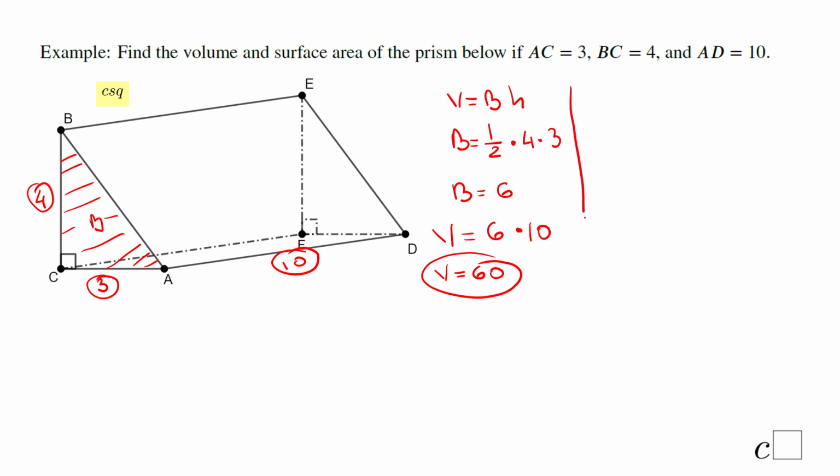Let's see the surface area, and in this case I want to show you how to use that lateral area equals P times H. Remember, P stands for the perimeter of the base, and this perimeter is these 3, these 4, so we're going to add 3 and 4, and we have one more side, this one.